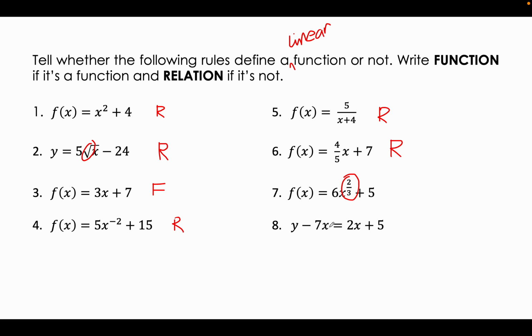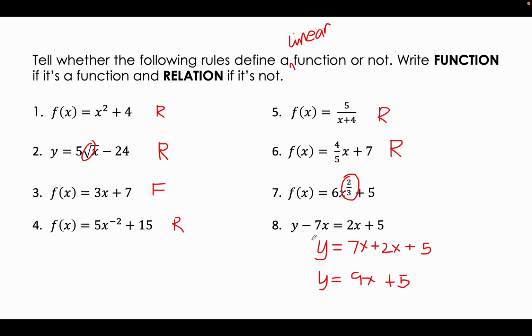We have negative 7x and then we have 2x. But if we're going to simplify this, we have y equals, transpose negative 7x to the right. This becomes positive 7x and then plus 2x and then plus 5. Then we have y equals 7x plus 2x, combine similar terms. This becomes 9x plus 5. As you can see, after simplifying the equation, we have now y equals 9x plus 5.